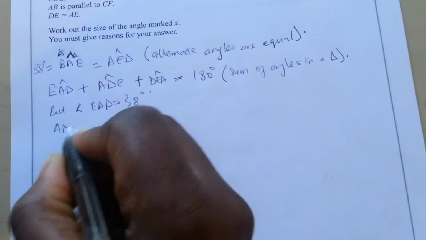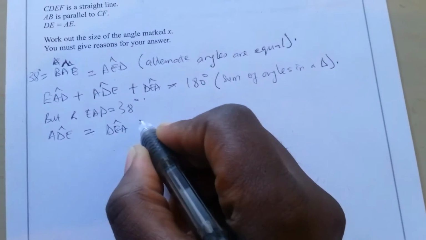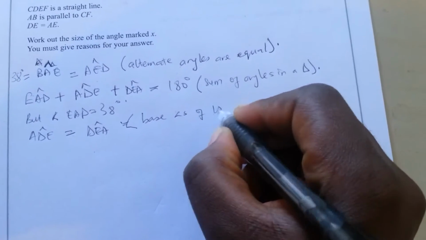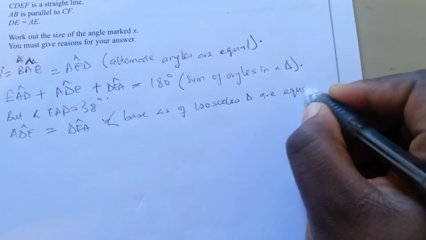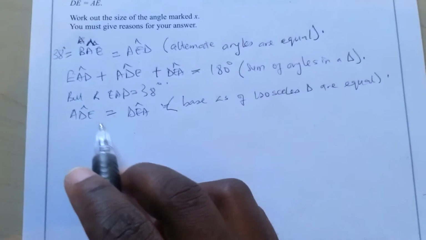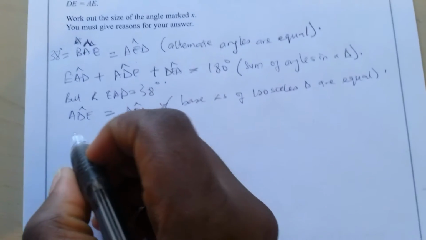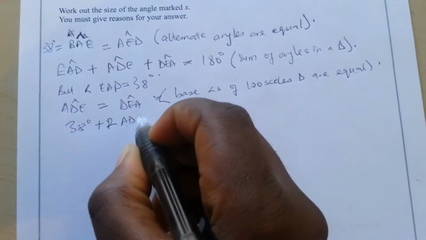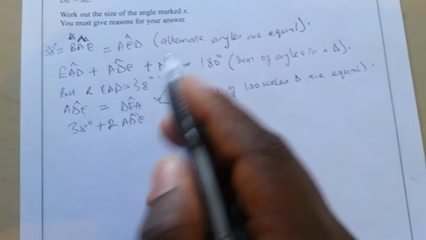So you have angle ADE is equal to angle DEA, and the reason being base angles of isosceles triangle are equal. So to find either DEA or ADE, we just say 38 degrees plus 2 ADE. We can pick any of them. It's either we say 2 DEA or 2 ADE.